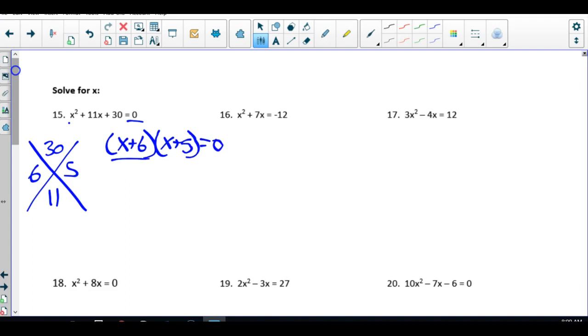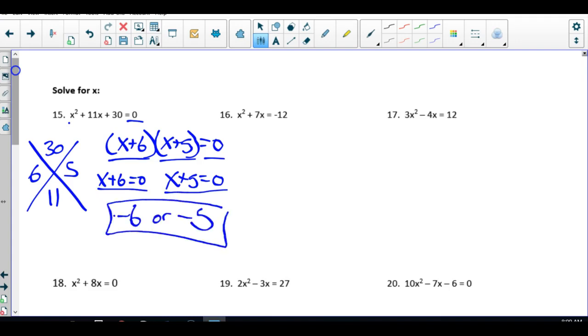I know that either x plus 6 is 0 or x plus 5 is 0. Since the first binomial times the second binomial multiply to be 0, then one of those multipliers has to be 0 itself. So, if you solve these two equations, you're going to get negative 6 or negative 5. Those are your final answers. X could be either one of those that would make that trinomial be 0 at the top.